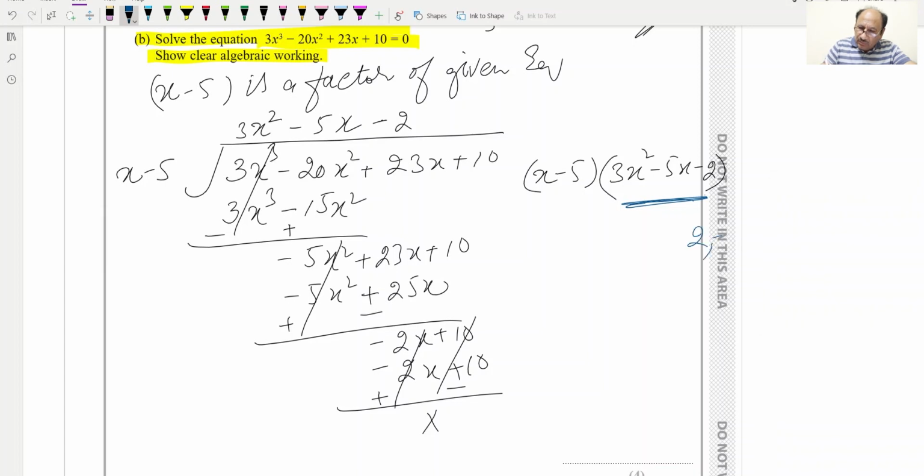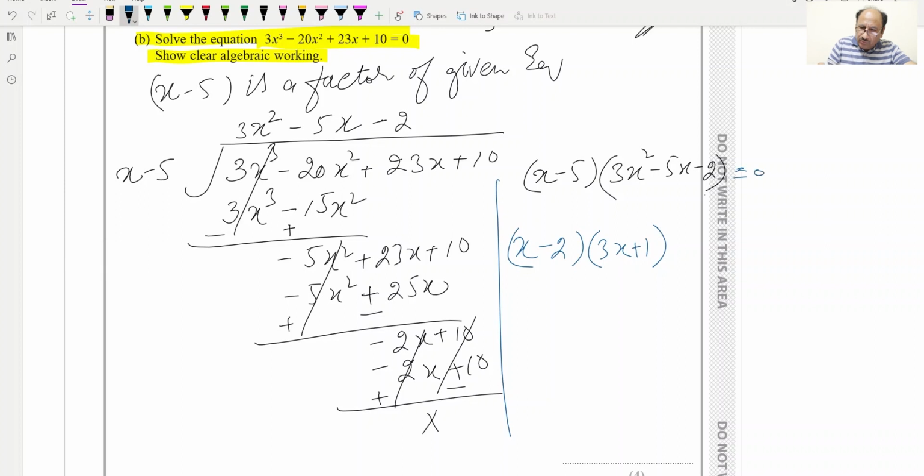So 2 and minus 1 by 3, so we can write this step, this will be x minus 2 and 3x, this will be basically 2 and minus 3. So change sign, after changing sign this will be plus 1, and we can write equal to 0.